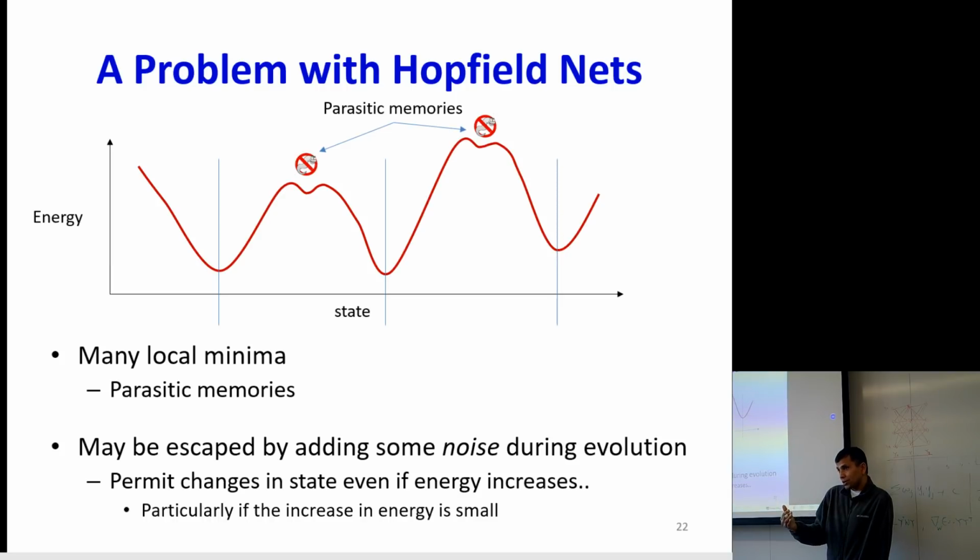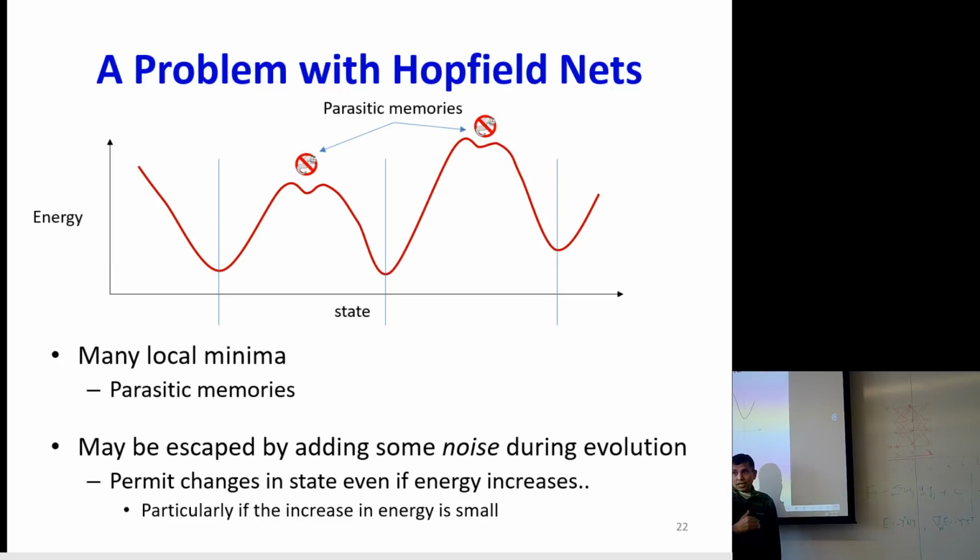So one thing I could do, yes? You shake it, right? The way we dealt with the Hopfield network, at each point we accepted a flip of a bit only if this resulted in a reduction in the energy. So when you're stuck over here, you're never going to flip a bit again because that's a local minimum.